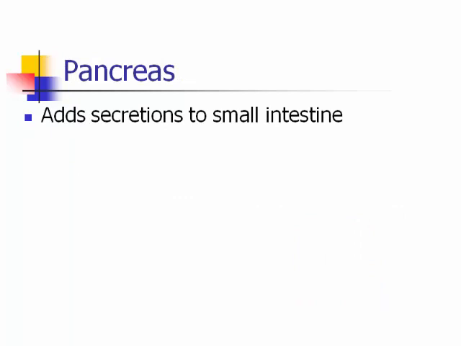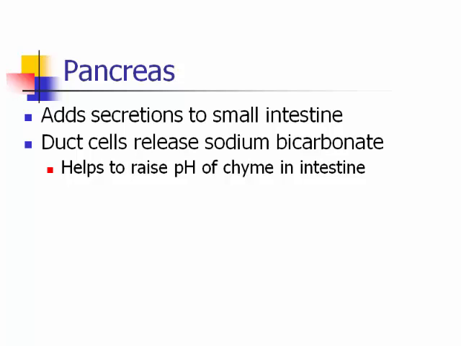The pancreas. It adds secretions to the small intestine. There are duct cells. So we saw that space of the islets. The other space has all the other cells for releasing enzymes, and sodium bicarbonate comes from the duct cells. The purpose of the sodium bicarbonate, is it an acid or is it a base?